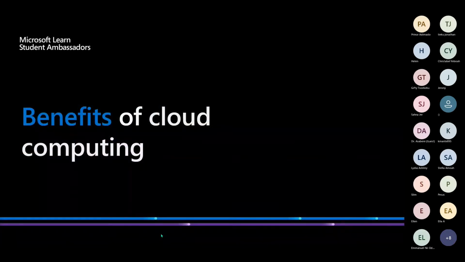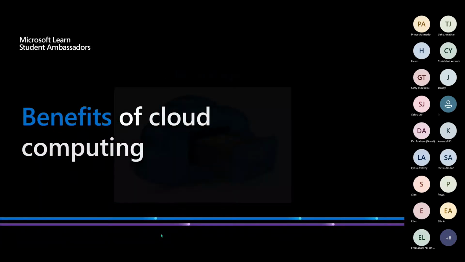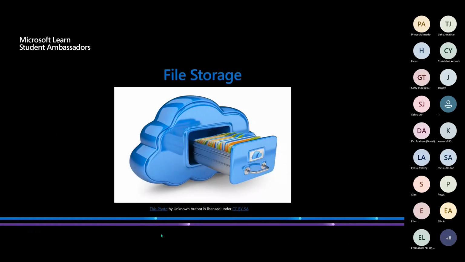Right. So the first benefit we are going to talk about will be file storage. So with this benefit, you get to store all types of information in the cloud, including files, data, and emails, which can be accessed through any PC or mobile with an internet connection. Now, files and information stored or saved in the cloud can be shared with your friends.